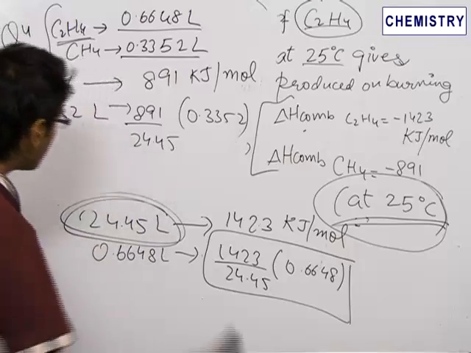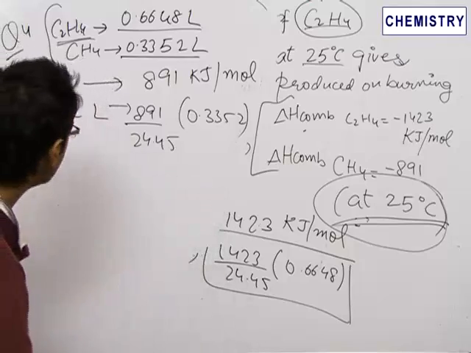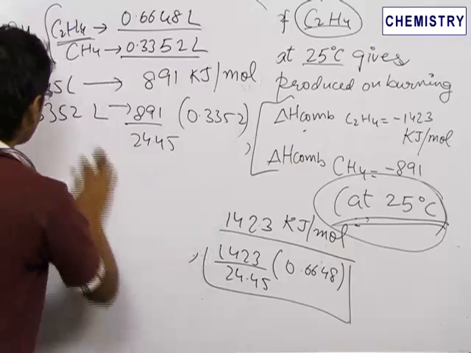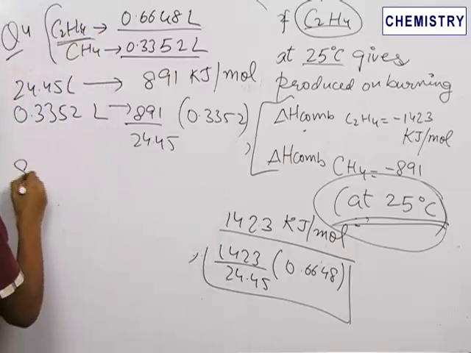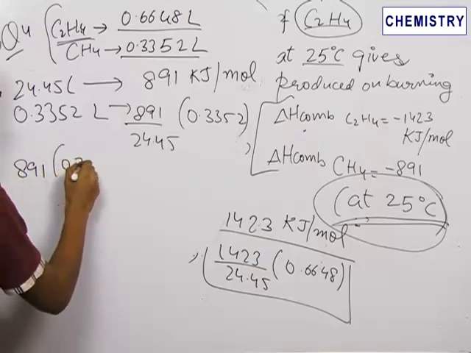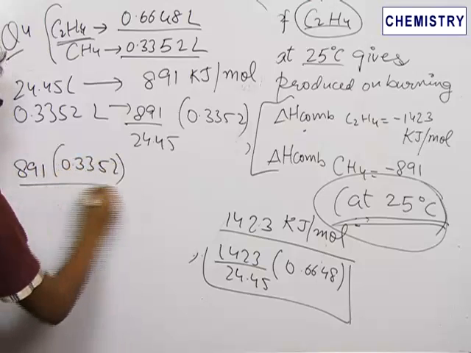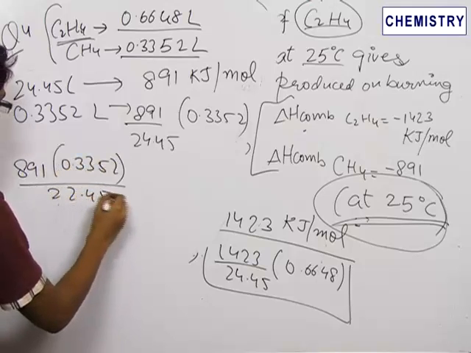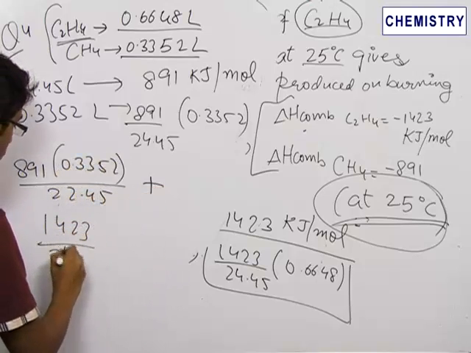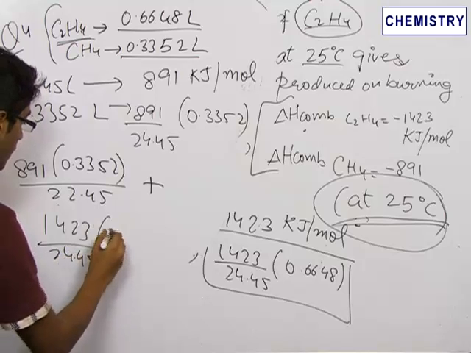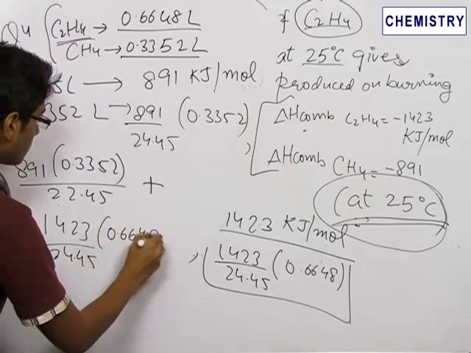Hence the final total heat is the addition of the heats of combustion of C2H4 and CH4, which is equal to 891 into 0.3352 upon 24.45 plus 1423 upon 24.45 into 0.6648.